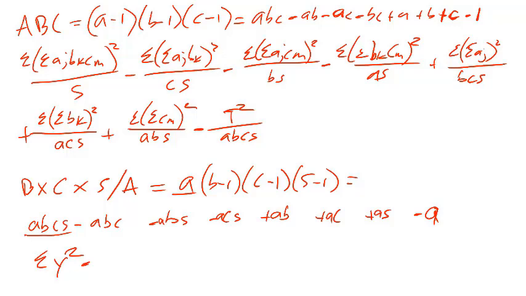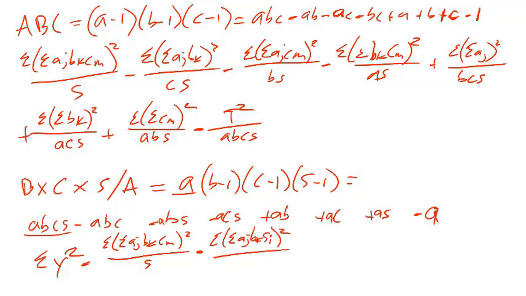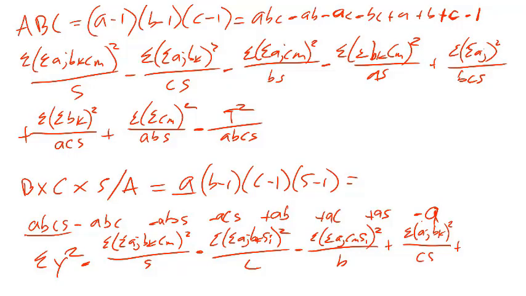Then you got minus the sum of AJBKCM squared over S minus the sum of AJBKSI squared over C minus the sum of AJCMSI squared over B. So those three plus the sum of AJBK squared over CS.